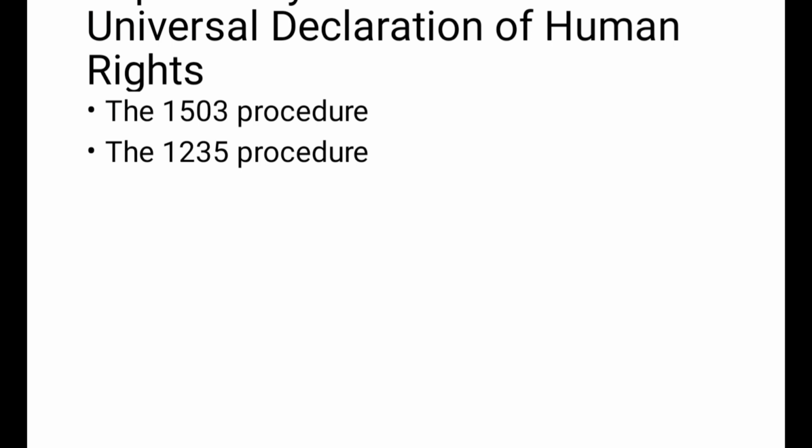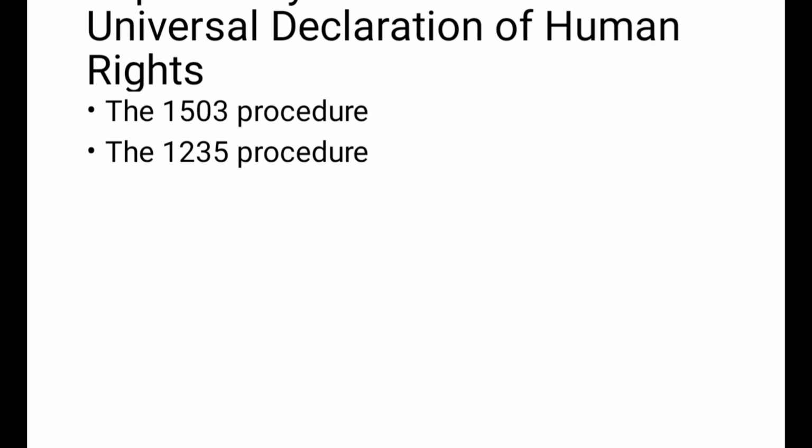So, this procedure is public and can be initiated by a member state of the declaration, okay, and can also be initiated by a group of states as well as the sub-commission, okay.